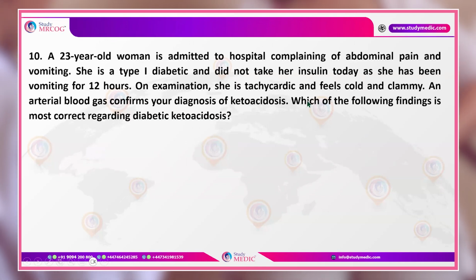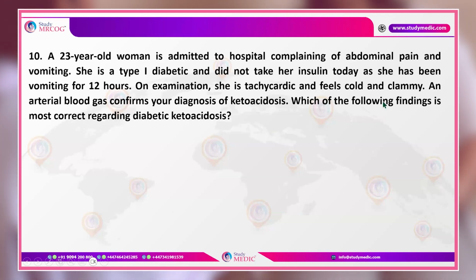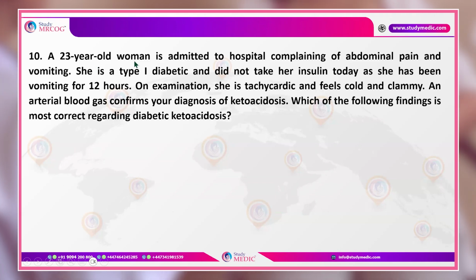Let us see. I had given you a tip that you have to look for the last segment of a lengthy question. Which of the following findings is most correct regarding diabetic ketoacidosis? So a 23-year-old woman is admitted to hospital complaining of abdominal pain, vomiting. She is a type 1 diabetic, did not take her insulin today as she has been vomiting for 12 hours.